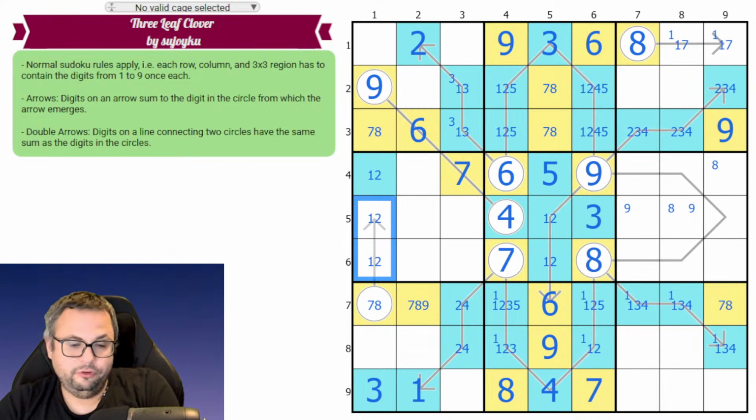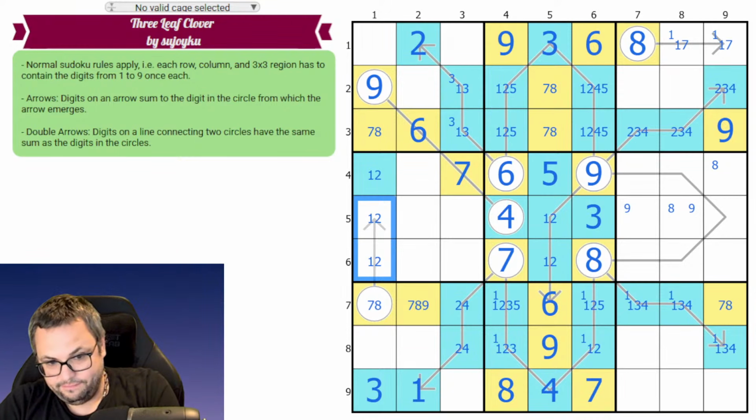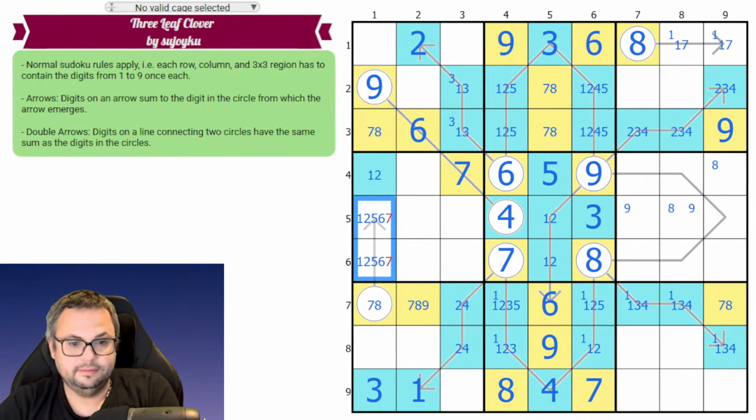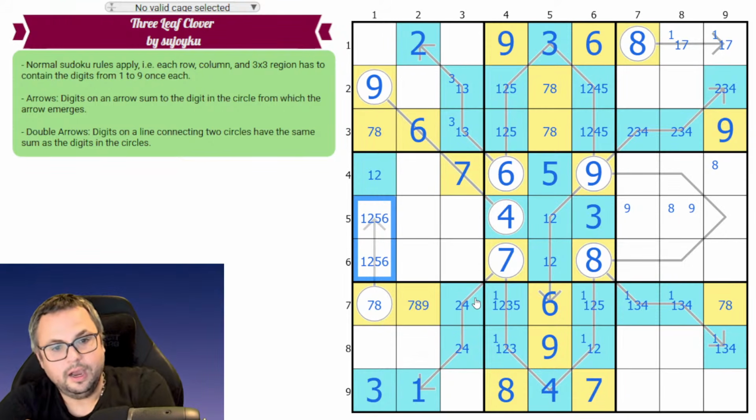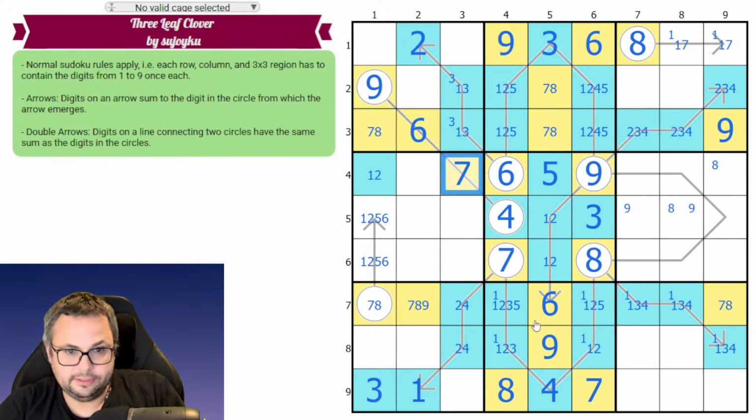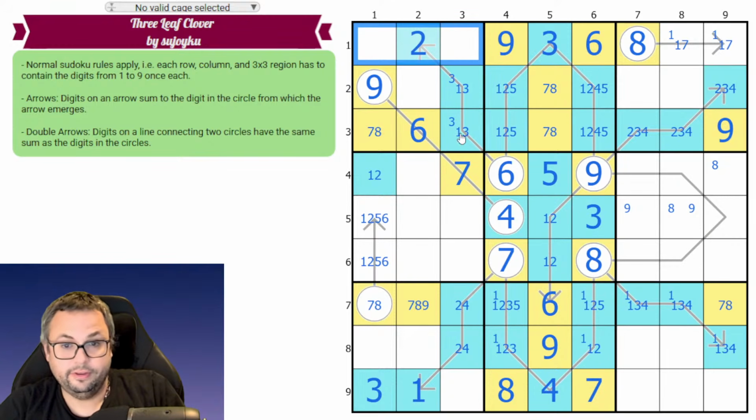And so there's a 1, 2 on this arrow that needs to go with a 5, 6, or 7. Seems not to go with a 7 for reasons. Such as that 7. Neither of those 2 cells is a 7 for what it's worth.